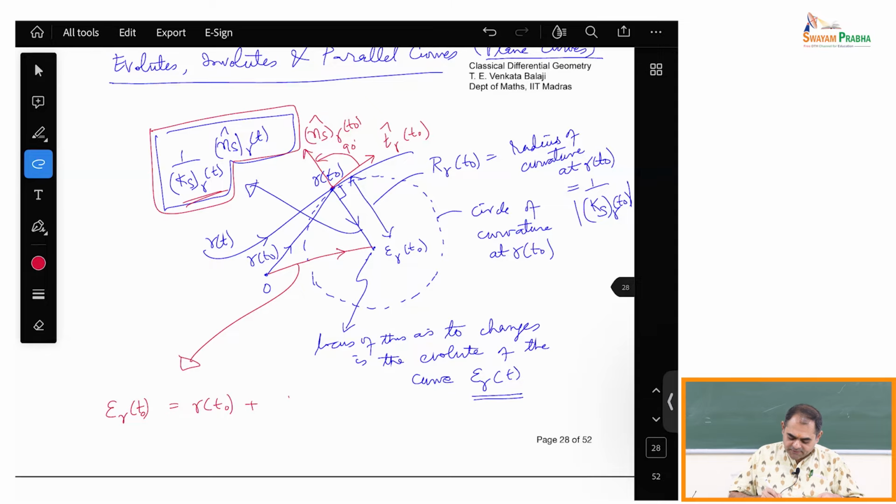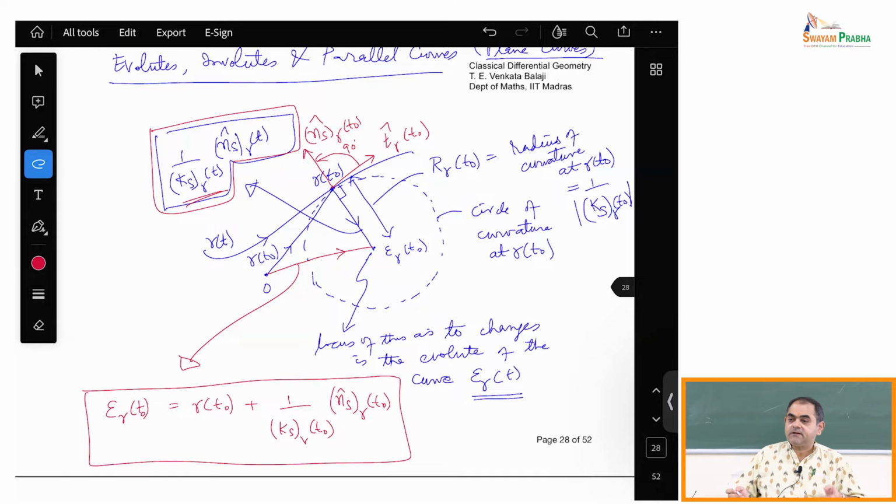This expression is 1 by k_s sub gamma of t naught, of course that expression at t naught, times N_s cap sub gamma t naught. So this is the expression. And of course t naught is varying, therefore I'll remove that subscript 0. So this is the expression for the evolute.